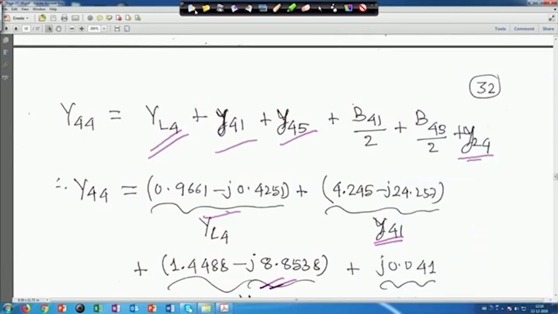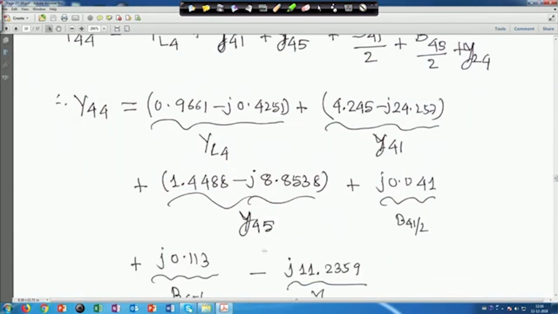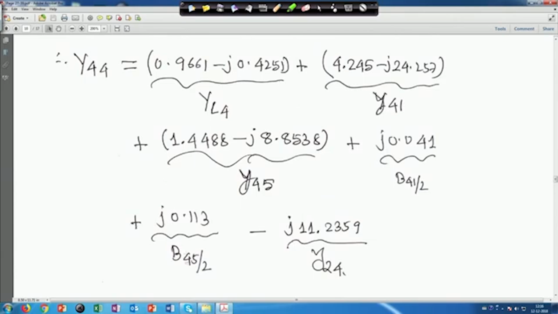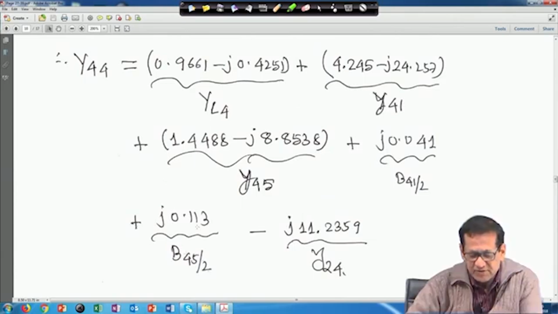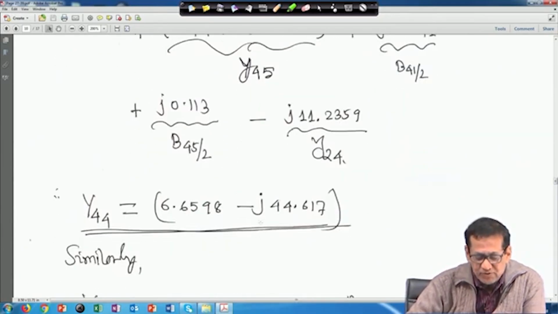Let me move the other things a little bit up. This is your half B45, that is j0.113, and this is minus j11.2359, that small y24. If you add together, you will get Y44 as 6.6598 minus j44.617.